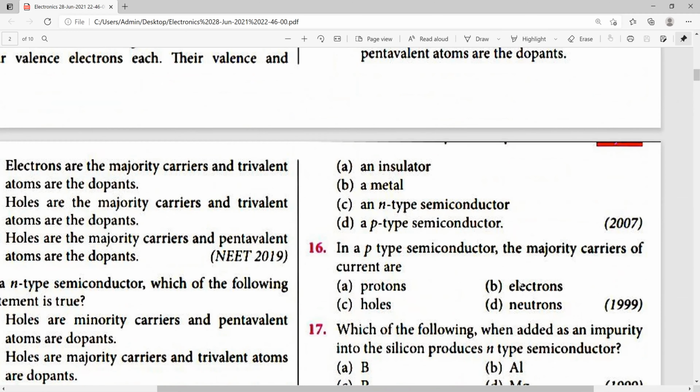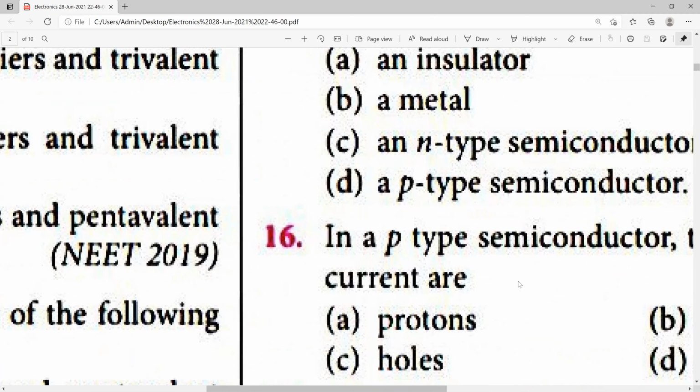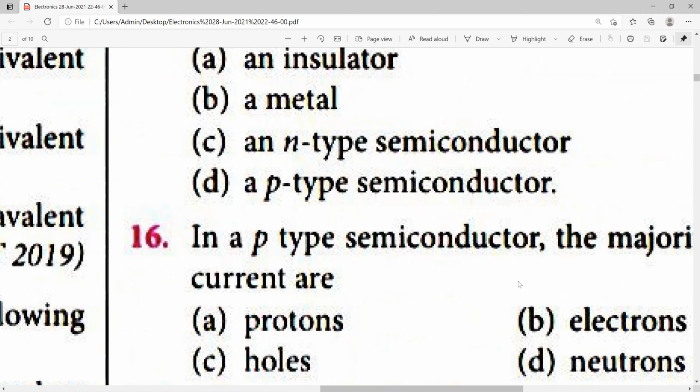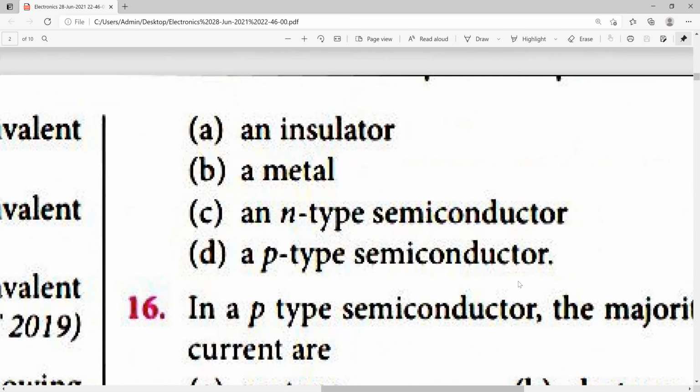Second option, a metal. Third one, an n-type semiconductor. And fourth one, a p-type semiconductor. Four options they have given.